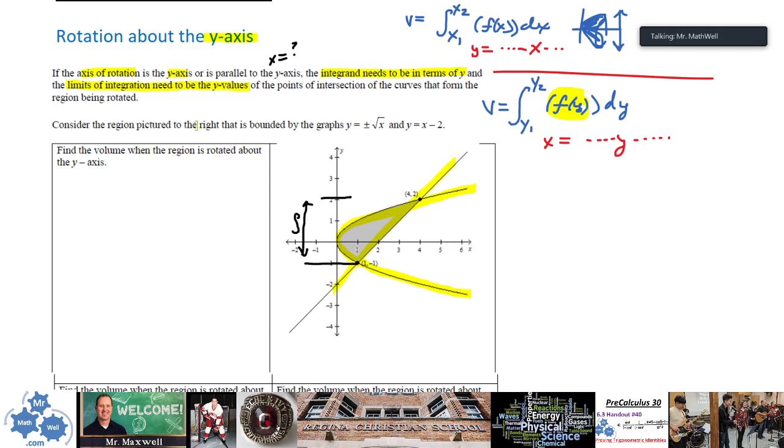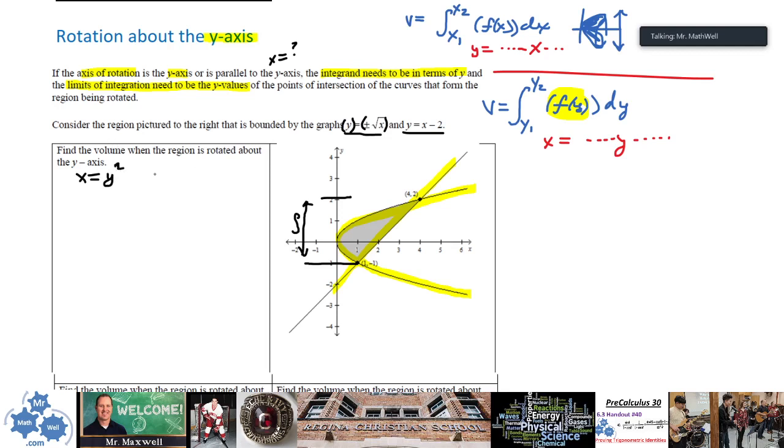When it's rotated sideways, I need to flip everything around. First, we write these functions of x in terms of y. We square both sides of the first one and we have x equals y squared.